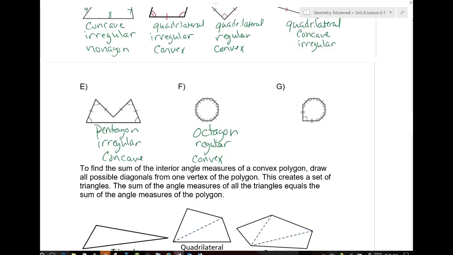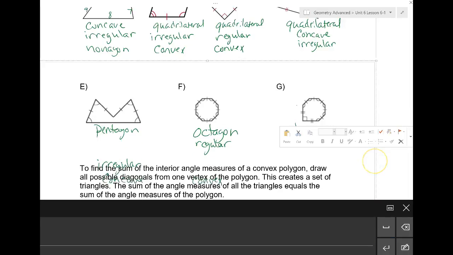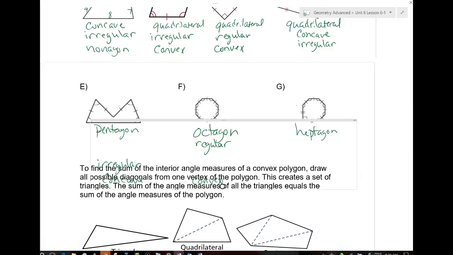All right. G. What is it? Heptagon. Or could you call it what? Now, I'm probably only ever going to put one name down. So if you put septagon or heptagon, I know the difference. It's okay. Either one's fine. Septagon just sounds cool. Is it going to be irregular?